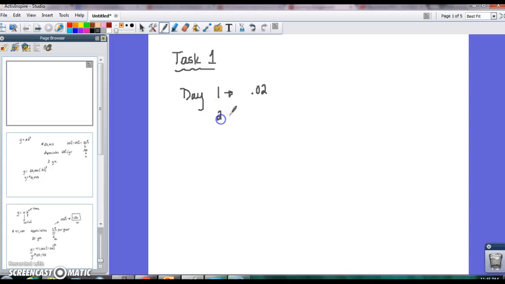So, day 2, your salary will be 4 cents. Day 3, your salary will be 8 cents. Day 4, your salary is 16 cents. So, day 5, let's go through 1 week. Day 5, you're making 32 cents. Day 6, you're making 64 cents. And day 7, you've made $1.28.